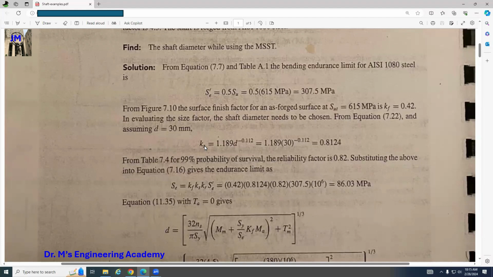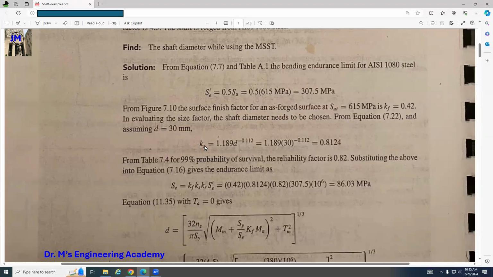Lowercase ks equals, using this equation, 0.869 D to the power of negative 0.112. So for this one, D is greater than 0.3 inch and less than 10 inch.